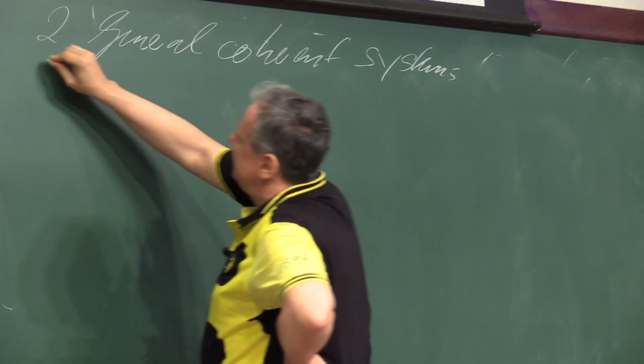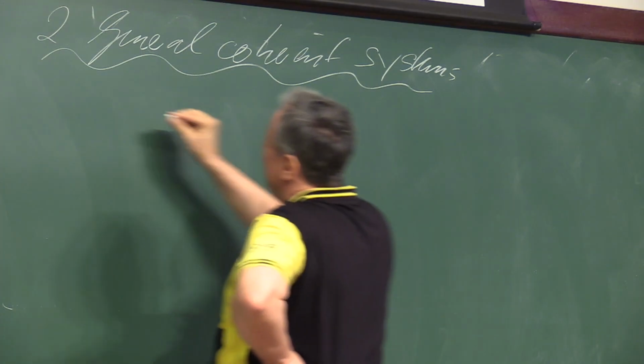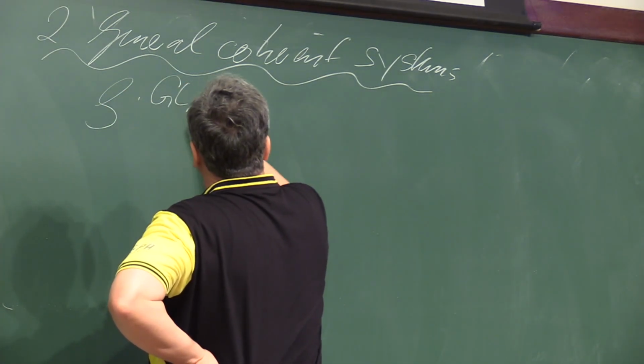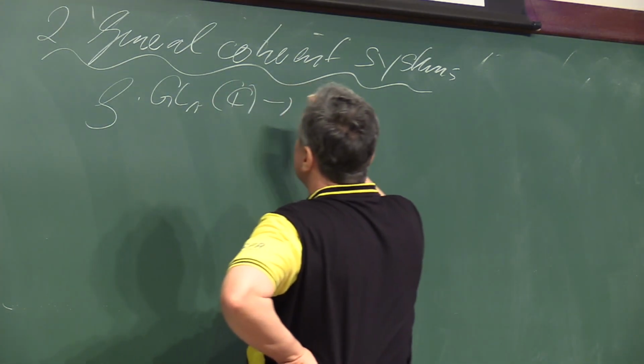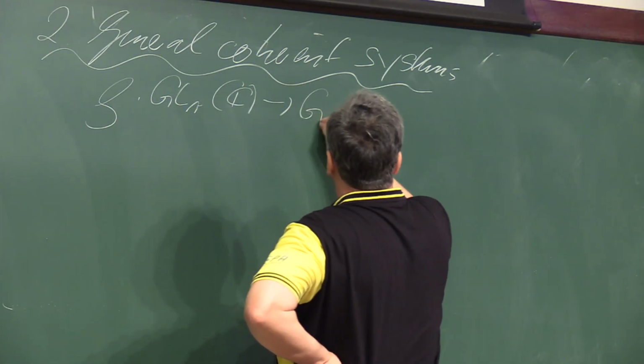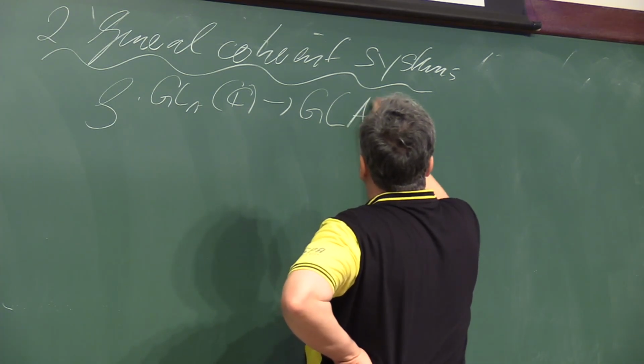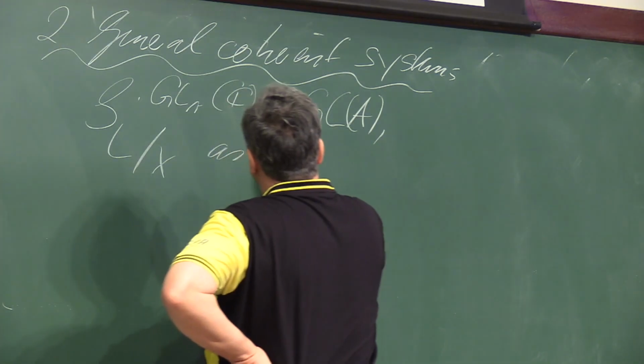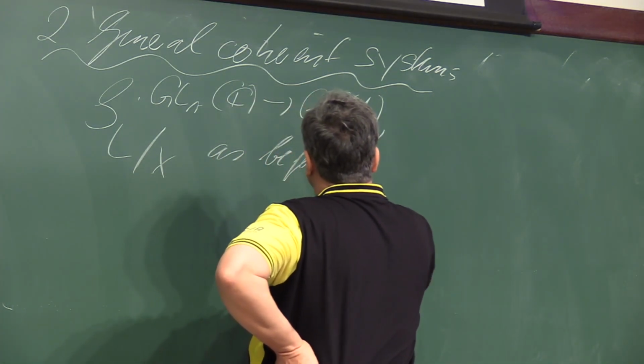Okay, so I fix rho as before, and the line bundle as before.